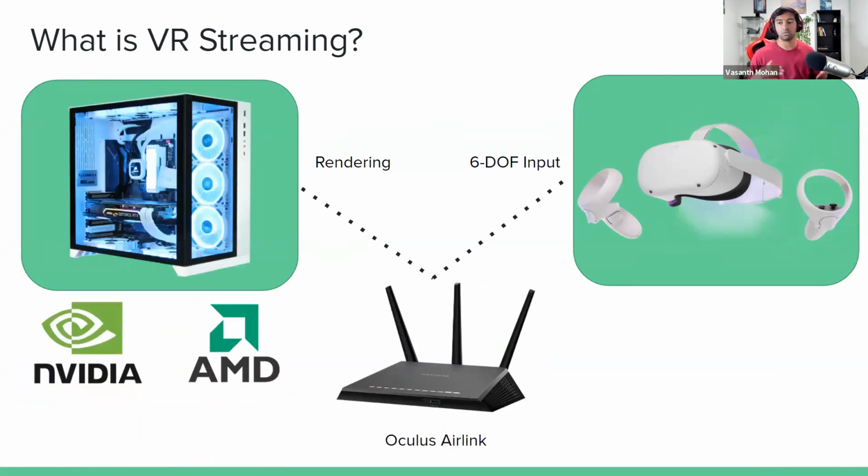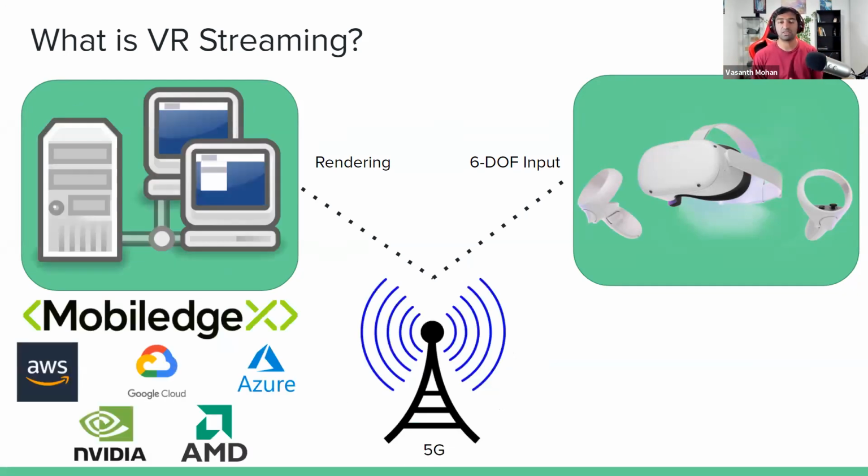AirLink was basically where you had the cable originally. You can now instead use AirLink to connect over Wi-Fi, so that would be completely wireless. The same applies here. The idea is that this would be completely wireless. You're either on a cellular network or you're on local Wi-Fi, but conceptually correct. The whole point is that this would be wireless.